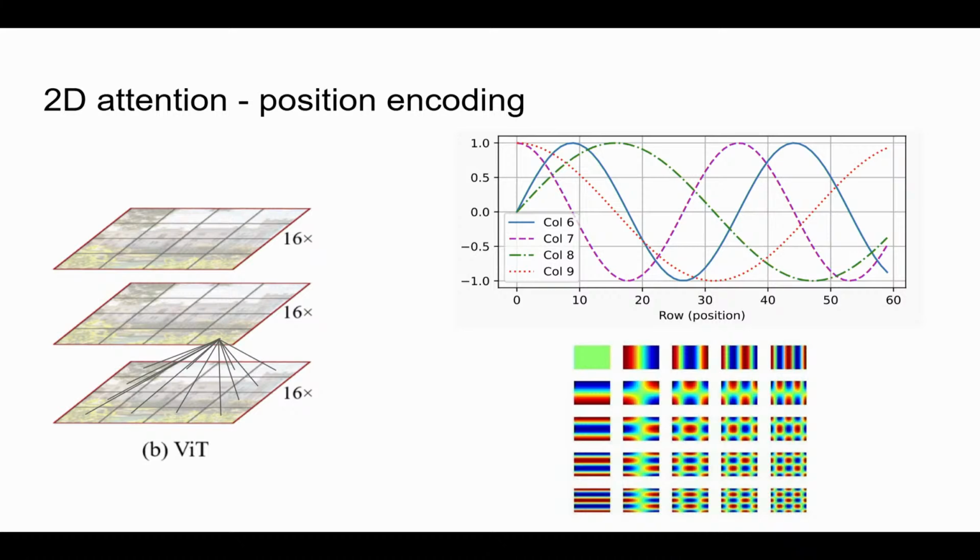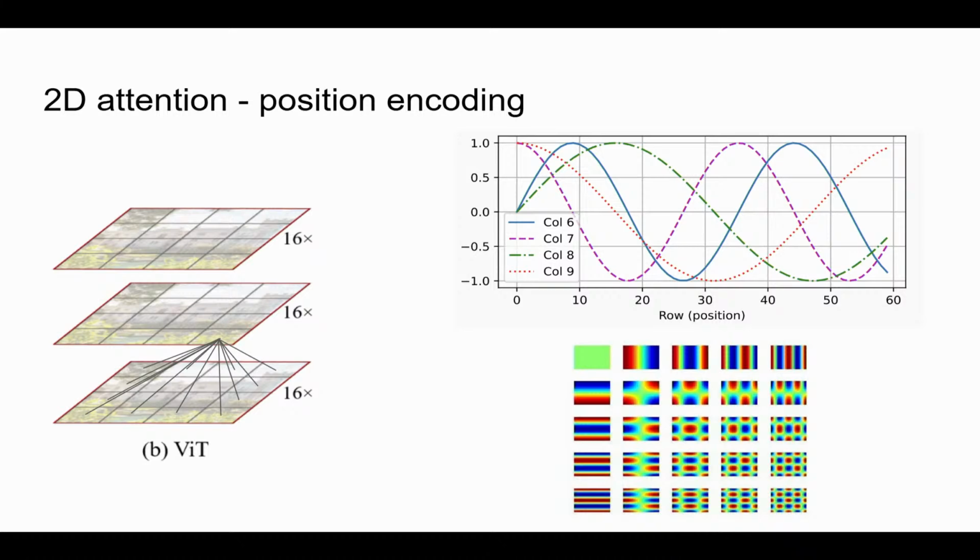With the simple attention, you need to encode position somehow. If you want to go the simple way, you have fixed encodings for all the positions. In 1D, you have sine and cosine waves, which get encoded in different channels of the input.